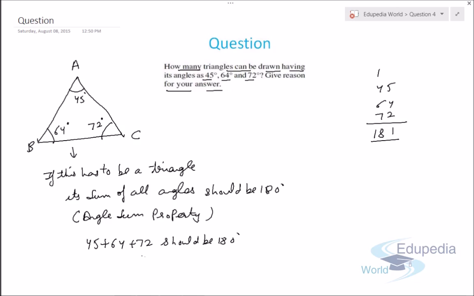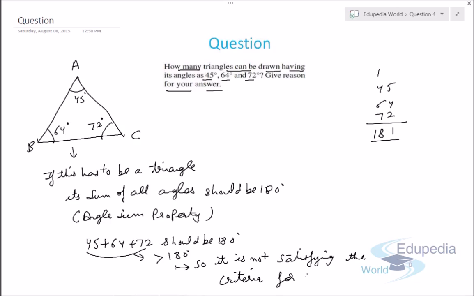As we can clearly see, the sum of all three angles is greater than 180 degrees, so it is not satisfying the criteria for the angle sum property.